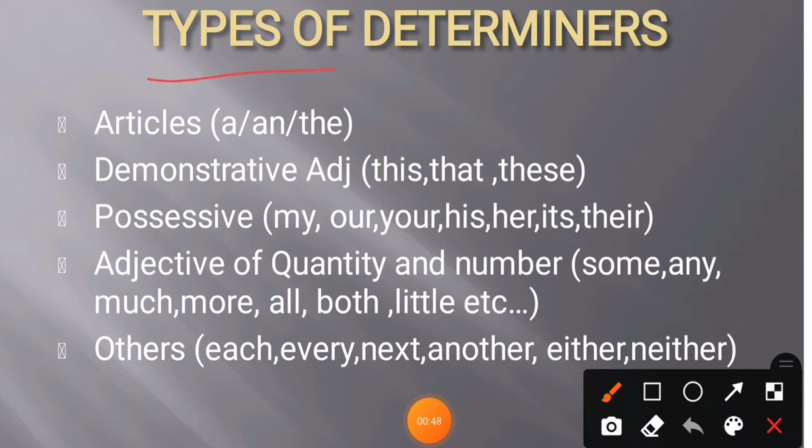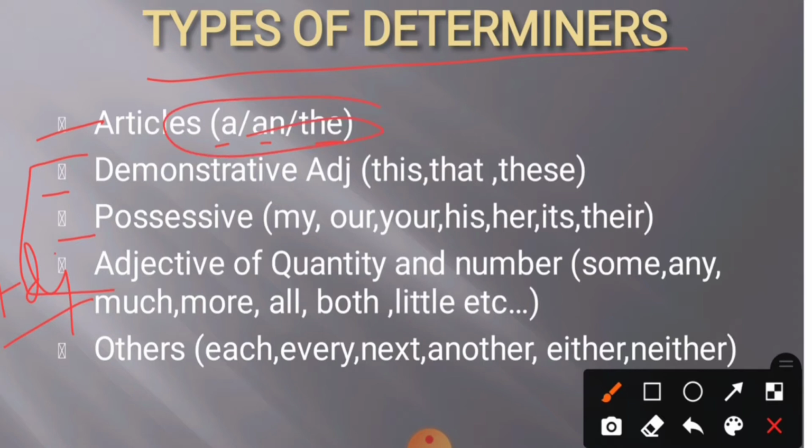Now here we will talk about the types of determiners, how many types of determiners there are. First of all, articles are part of determiners. They are under the category of determiners. Which articles? That is a, an or the. And then demonstrative adjectives are also part of it. Possessive adjectives are also part of it. Adjective of quality and number and others, right? These three are the kinds of adjectives only.